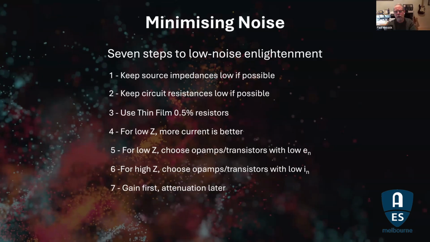And you want to choose op amps and transistors for low voltage noise. If you're designing something for a high impedance source, like say the capsule of a microphone, then you need to choose op amps and transistors with low current noise. You're less concerned with the voltage noise. And again, gain first, attenuation later.